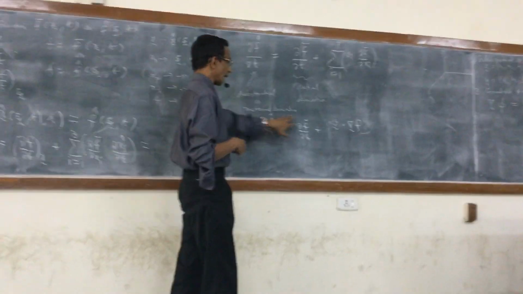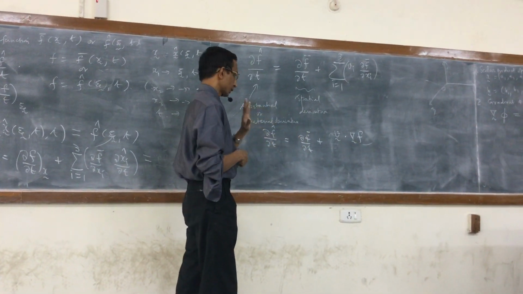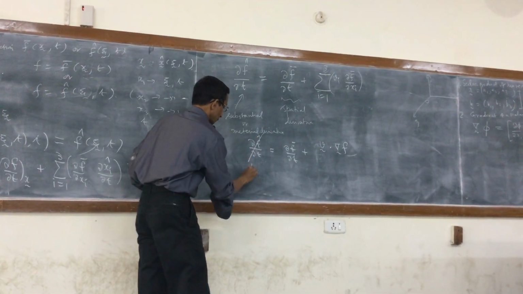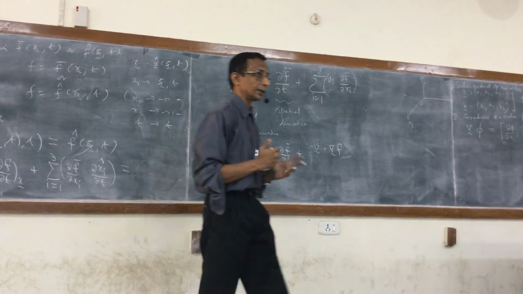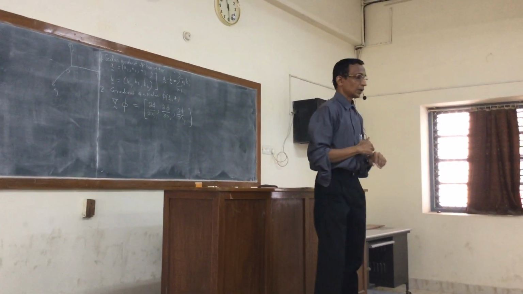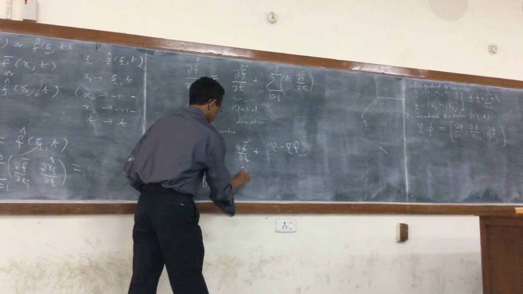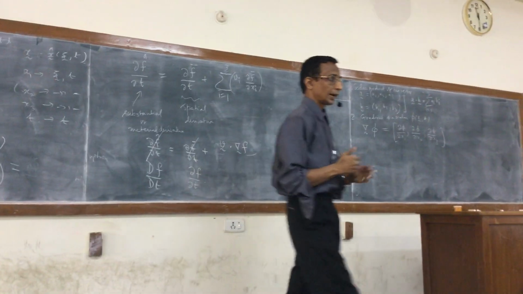So I don't want to write this cap and bar anymore. What is conventionally done is the quantity is F, right? So this derivative is represented as Df by Dt, the capital D. Now this derivative is simply written in the usual partial derivative manner.